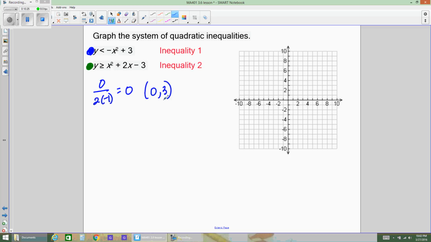And I'm going to go ahead and make my t-chart here with 0, 3. And I'm going to choose the two numbers I know are on either side of 0, and the two numbers on either side of that. Okay, 0, 3 is up here.